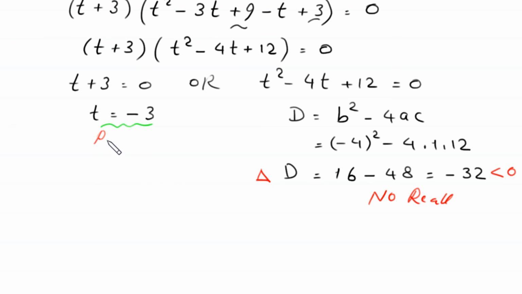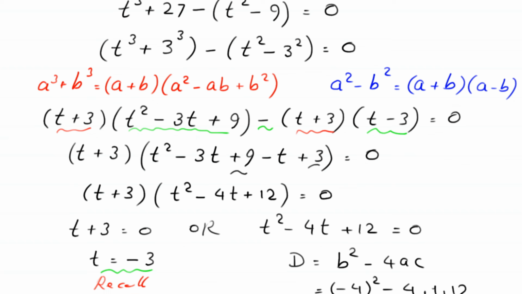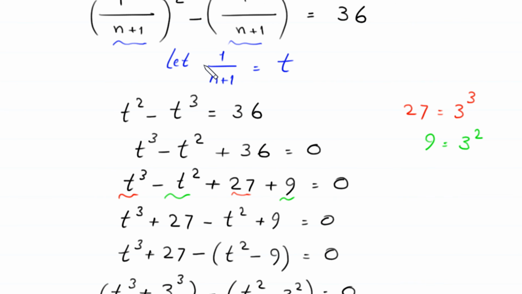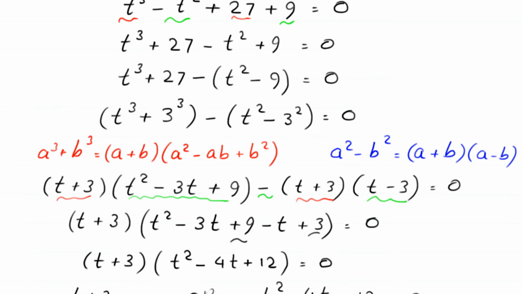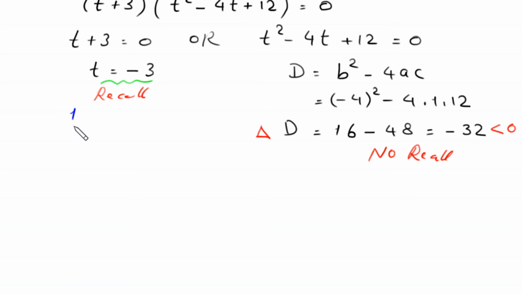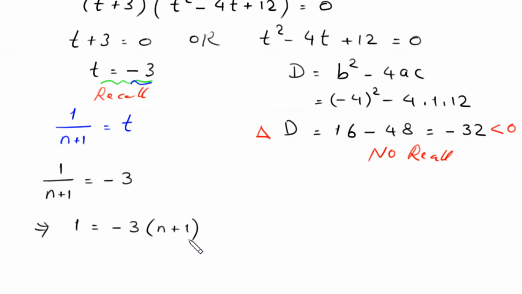Now recall that we have supposed that 1 over n plus 1 is equal to t. So t is equal to negative 3. This equation will become 1 over n plus 1 is equal to negative 3. If we multiply both sides by n plus 1, this implies that 1 is equal to negative 3 times n plus 1.